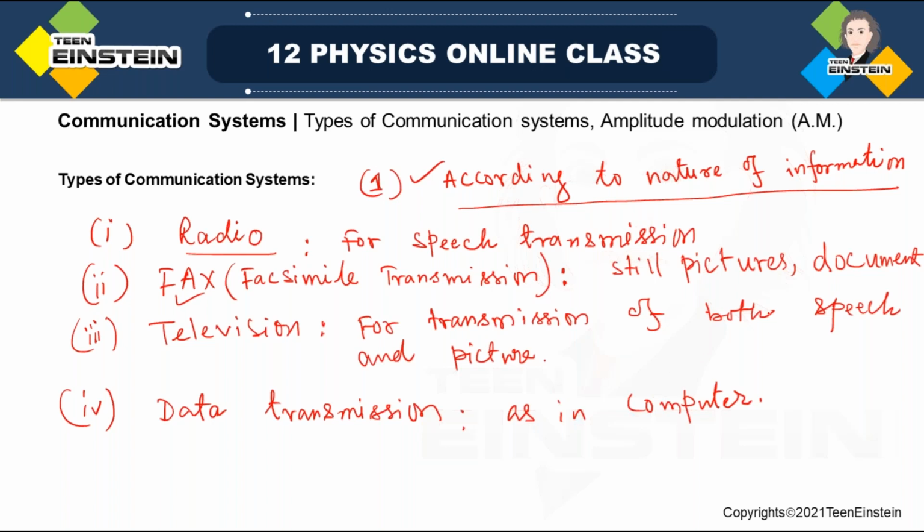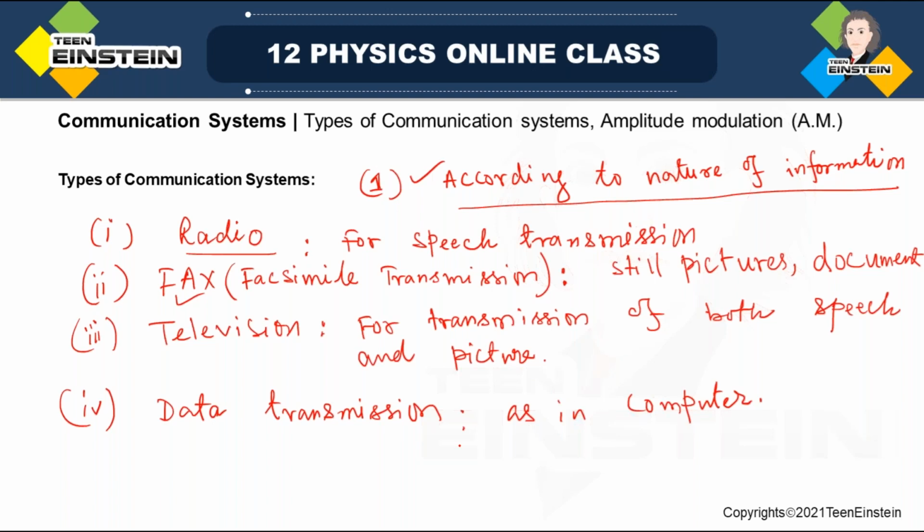If you have only speech, then radio. If you have only still pictures or documents, for that we can use fax. But as I said, nowadays we don't use this much. Television for transmission of both speech and picture, and data transmission we do in the case of computers, right?